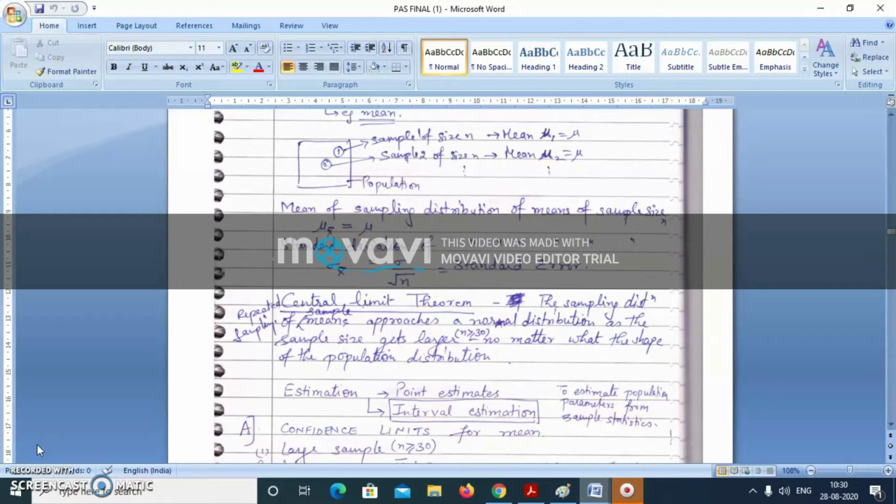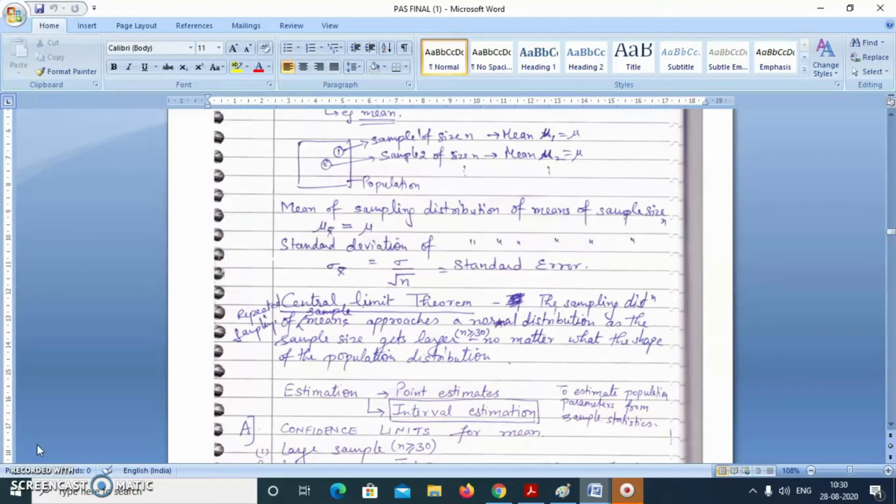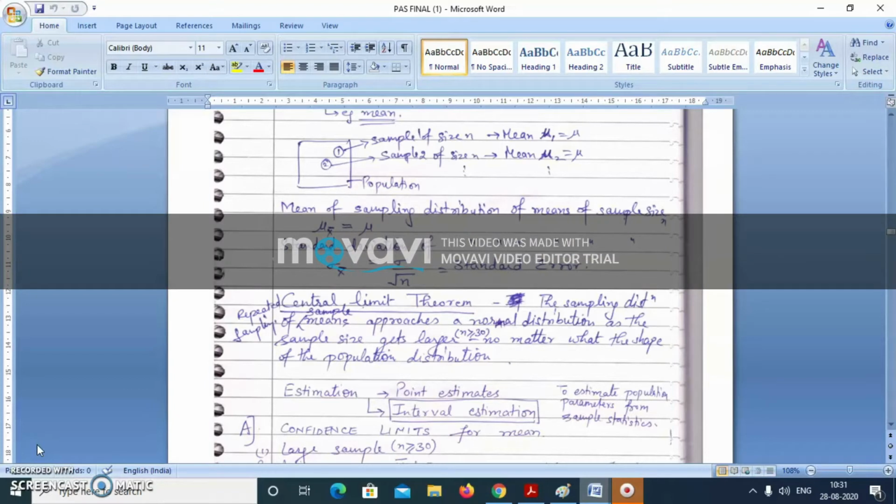But for more accuracy, we need to go towards interval estimation, where we will say like this: from this number to this number, the mean will lie at 95% confidence level or at 99% confidence level.